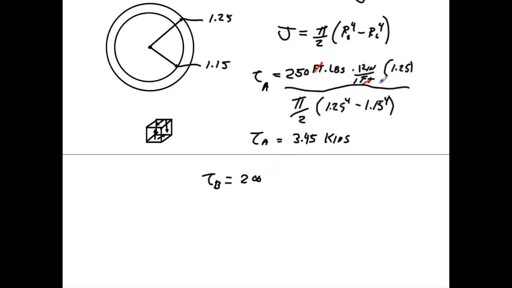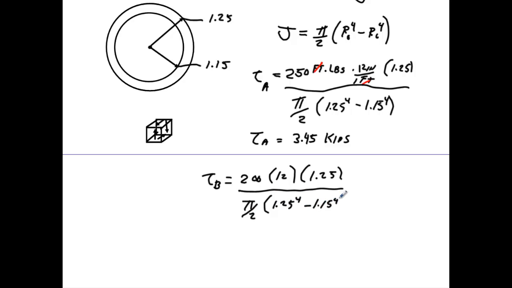So 200, then we need to do the conversion, so we multiply by 12 and by 1.25, over the polar moment of inertia of a hollow shaft. We run that value and we get 2.76 ksi. So those are two values.